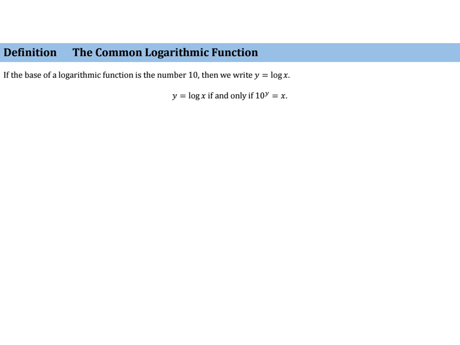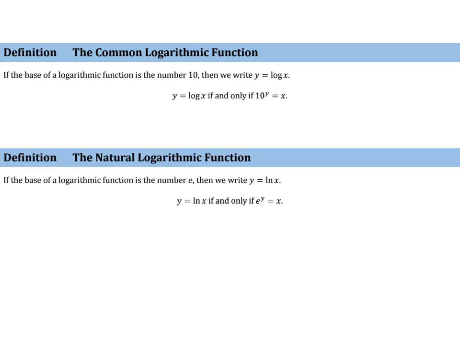Now, if our logarithm is base 10, we don't write the 10. So log base 10 of x is not something we write. We will write just log of x. And likewise, instead of writing log base e of x, we will write that as ln of x.